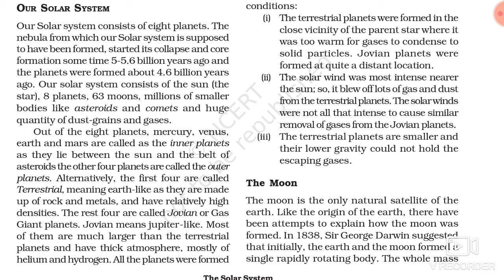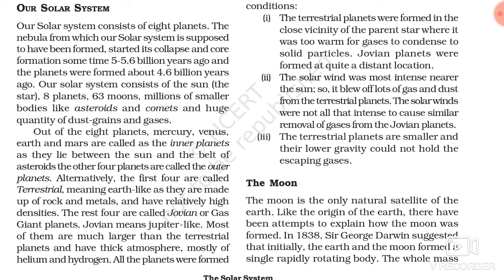But it is not true for the Jovian planets, as they are located far beyond the sun. The second explanation for these differences is the presence of solar wind near the surface of sun. Because of the proximity of all 4 terrestrial planets to the sun, the solar wind blew all the gases and dust from the terrestrial planets.